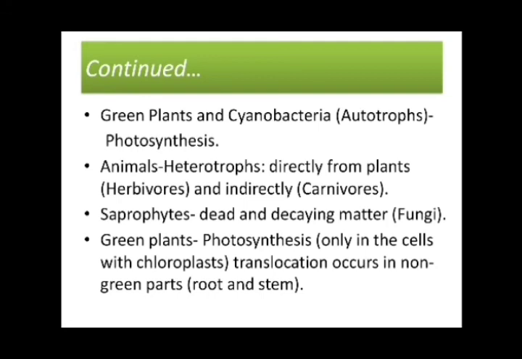Green plants and cyanobacteria are known as autotrophs. They can prepare their own food with the help of photosynthesis and can convert the light energy into chemical energy. They store the food prepared through photosynthesis in the form of glucose, sucrose, or starch, etc. Animals are generally known as heterotrophs.